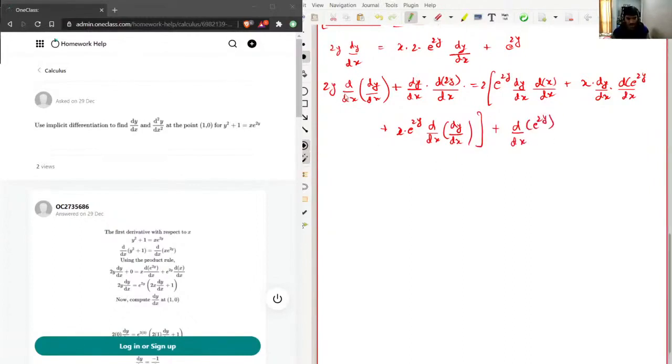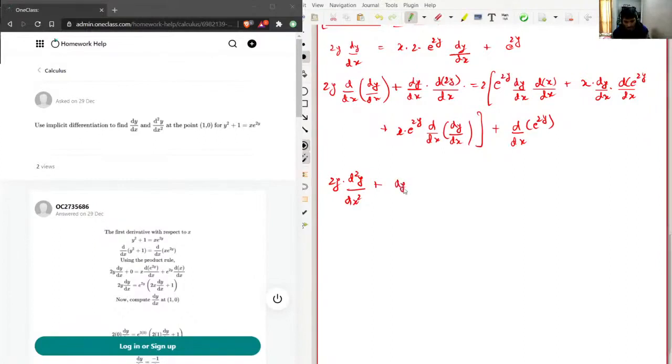Now I'll start with the differentiation process. So this is 2y, this will become d square y by dx square, plus the differentiation of 2y will be 2, so 2 times dy by dx, and we have one more dy by dx.